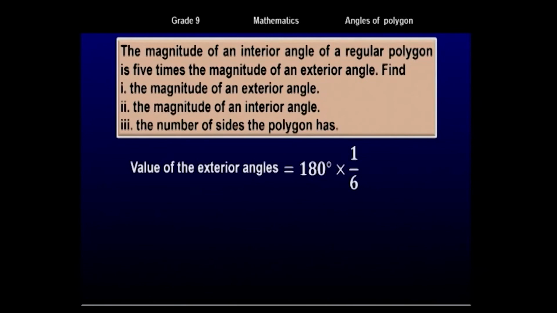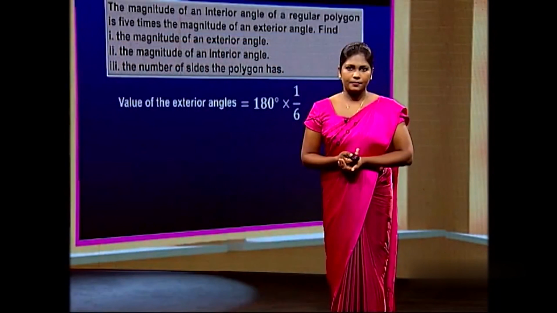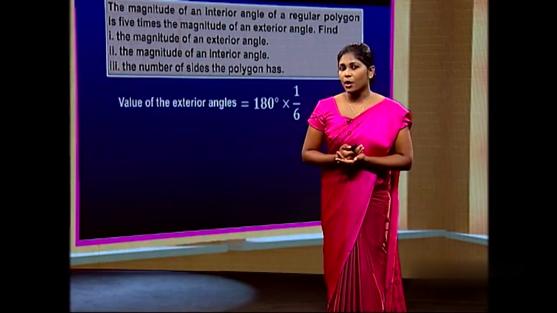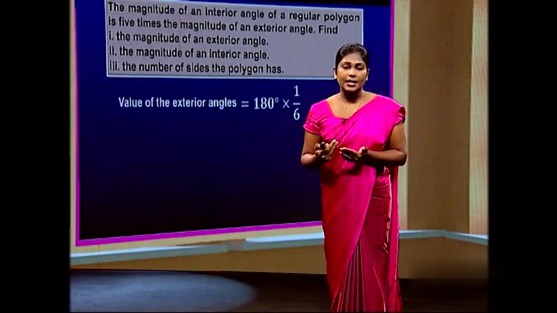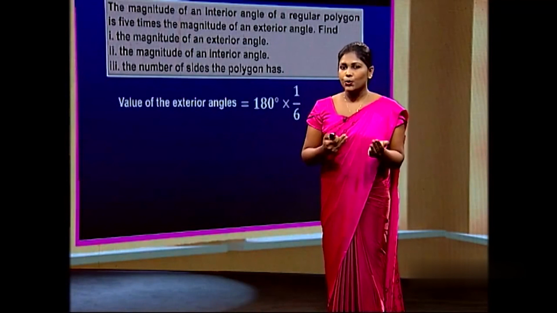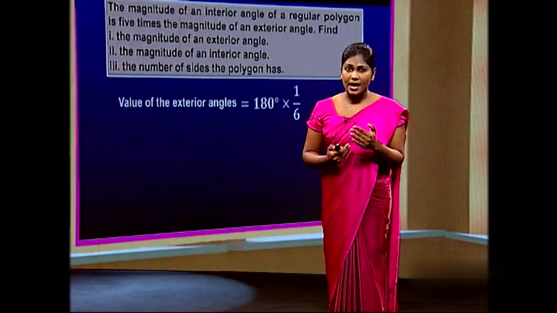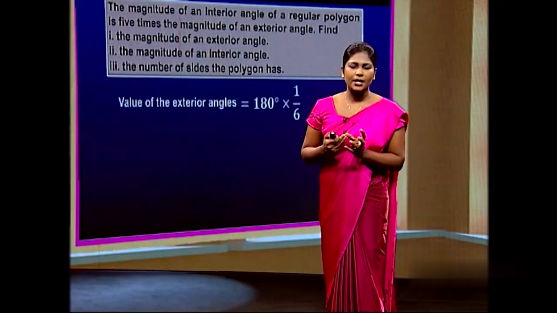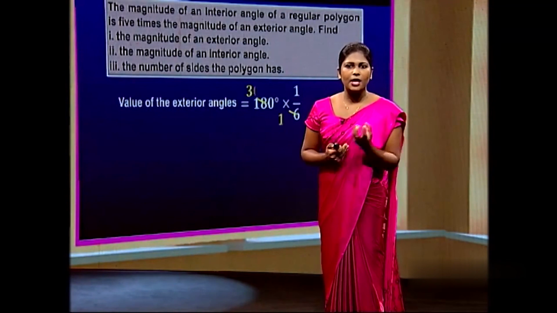So we know 180 is the sum of the interior and exterior angle. When we consider the vertex, the sum of the exterior plus interior is equal to 180 degrees. So we have to divide 180 degrees by 6. Then you can take one part. What is the value of one part?